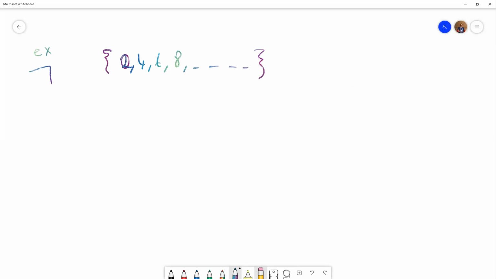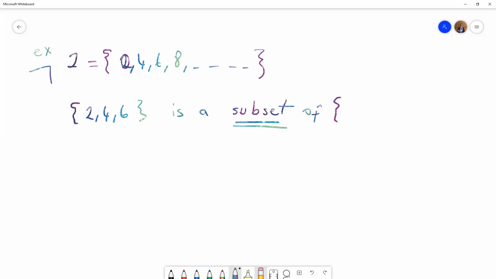And this set 2, 4, 6 is a subset of, let's say here, 2n, a subset of the set, you may write here 2, 4, 6, 8.